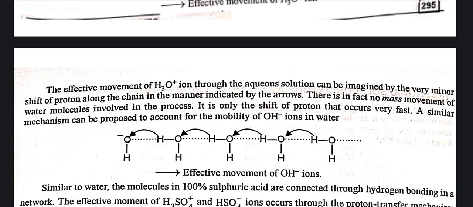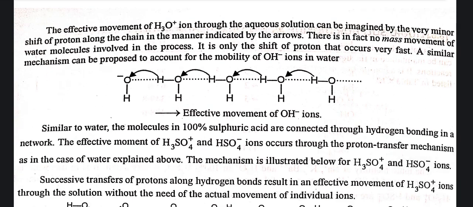There is in fact no mass movement of water molecules involved in the process. It is only the shift of a proton that occurs very fast. A similar mechanism can be proposed to account for the mobility of hydroxide ions in water.